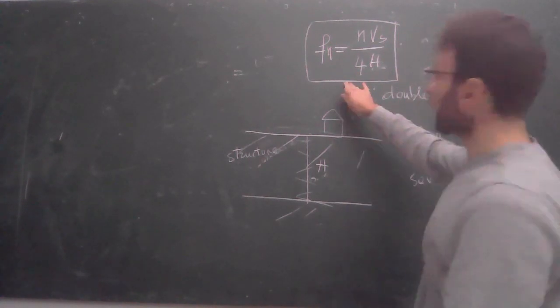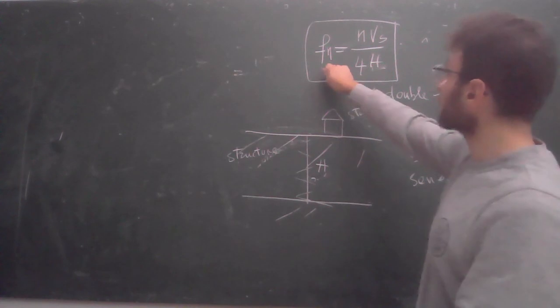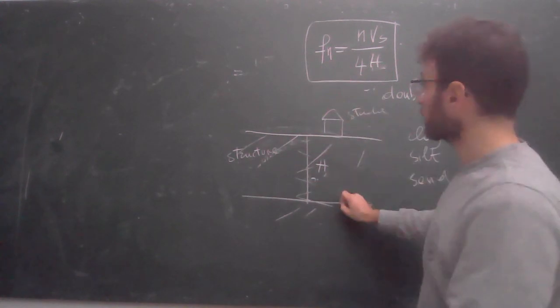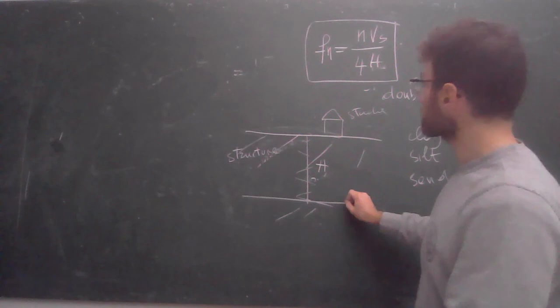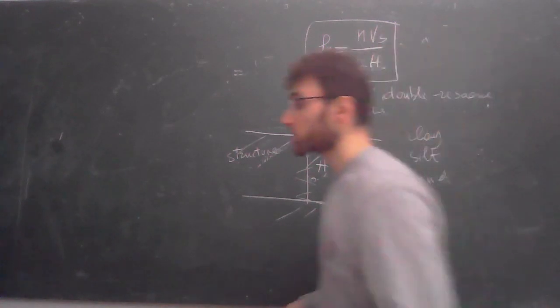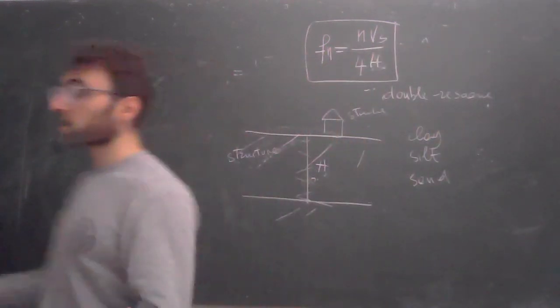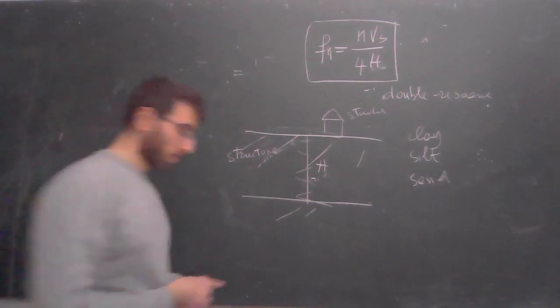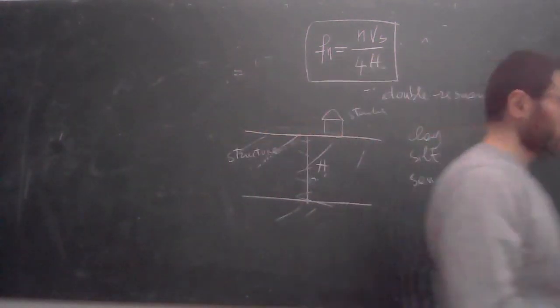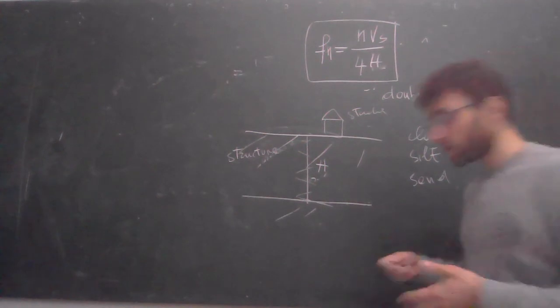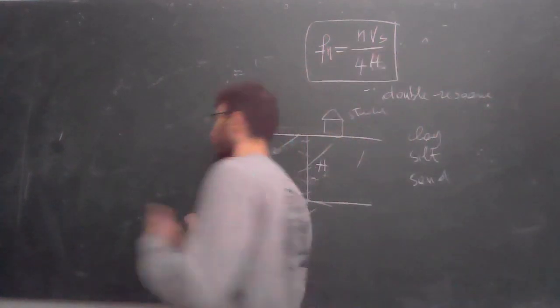And this is the simplified expression to calculate the natural frequency of a soil of depth h, by assuming, of course, that the soil has a non-dispersive behavior, that there is only the simplified expression of shear deformation.